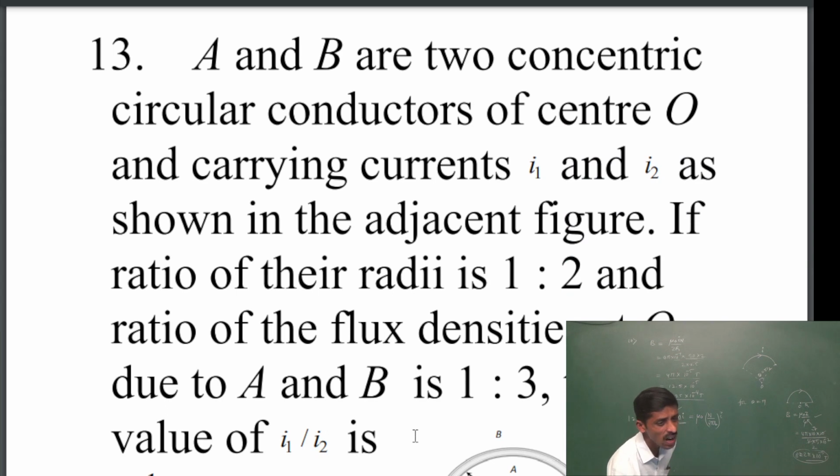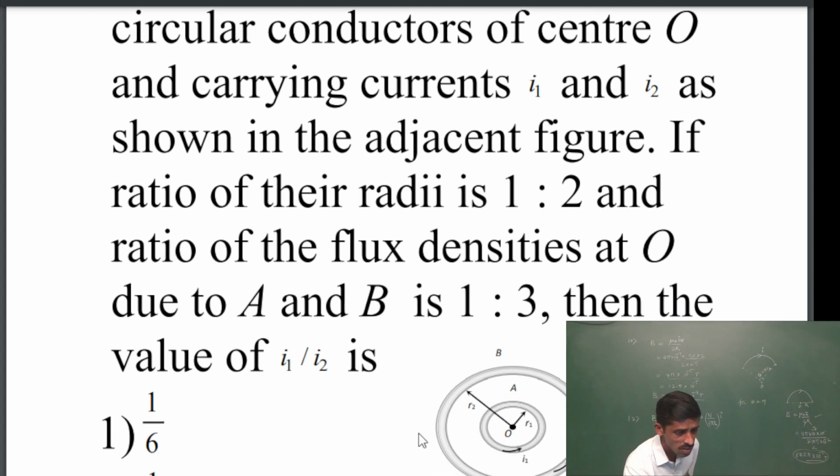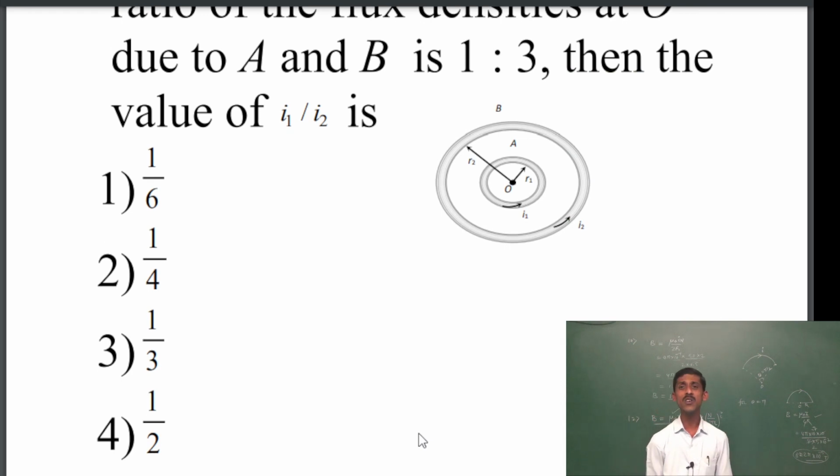A and B are two concentric circular conductors of center O, carrying currents I1 and I2 as shown in the adjacent figure. We shall see the figure. So the figure will be like this. There are two concentric circles.